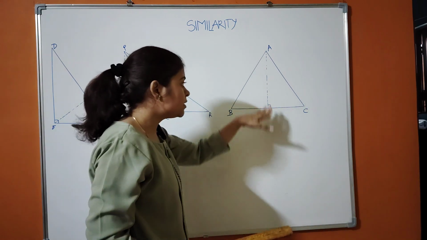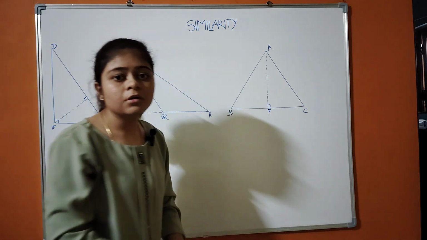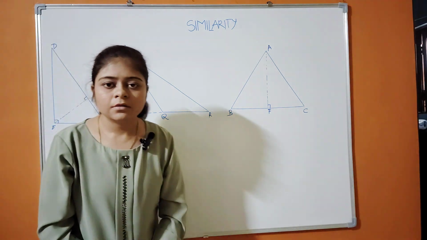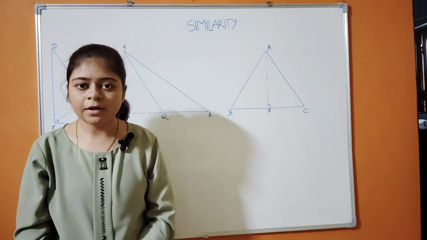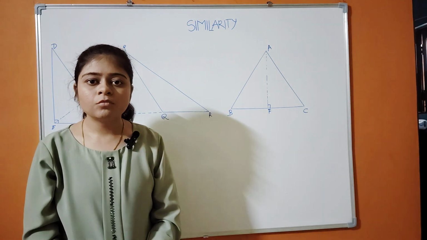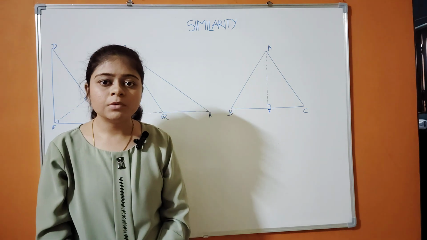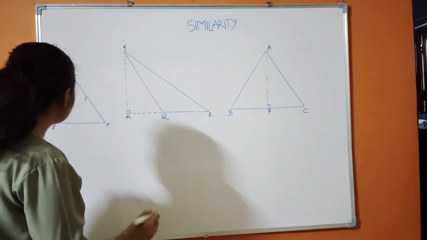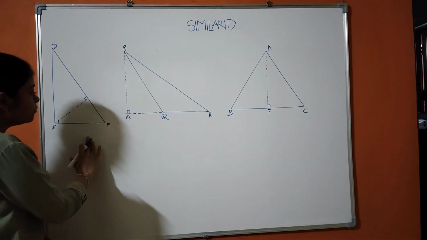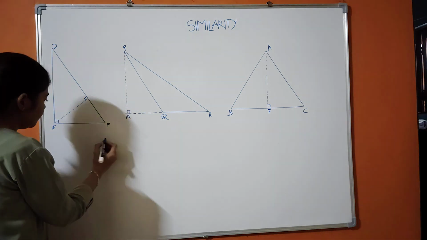BC is the base and AF is the height of an acute angle triangle. Now let's take the ratio of the areas of two triangles. We know the formula of area of the triangle is half into base into height. We take the two triangles, area of triangle DEF and area of triangle PQR.